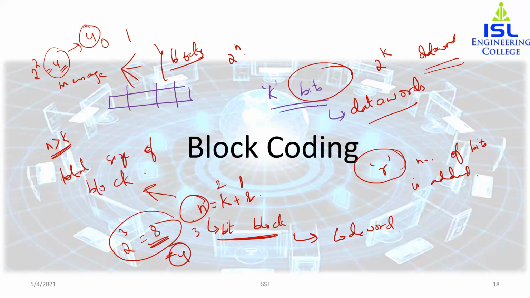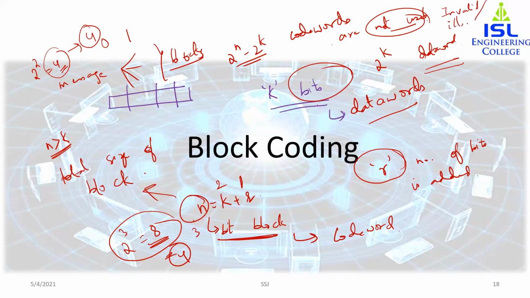So 2 power n minus 2 power k code words are not used. Okay, so these code words which are not used are known as invalid or illegal. Basically, the code words which are not used are known as invalid or illegal.